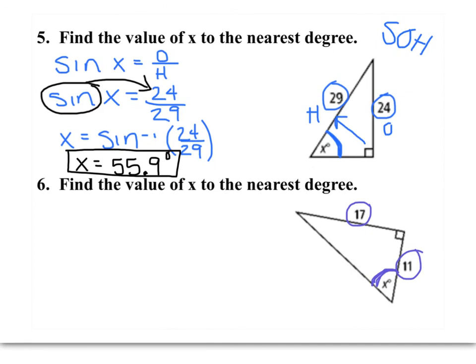Now I notice that my 11 on the right hand side here is actually touching the reference angle. I also notice that the 11 is not the hypotenuse because it is not opposite the right angle. So therefore, if my 11 is touching the reference angle, it must be the adjacent side of the triangle.